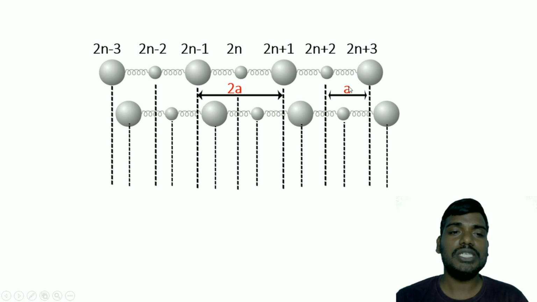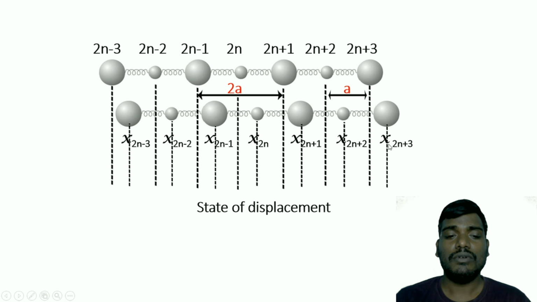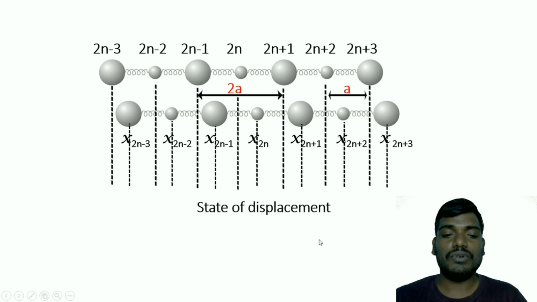The positions are 2n minus 3, 2n minus 2, 2n minus 1, 2n, 2n plus 1, 2n plus 2, 2n plus 3, and the displacements are like this: the 2n atom has displacement x2n, and similarly it goes on.